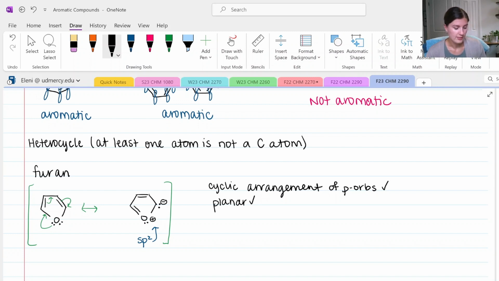So let's now consider whether we have the right number of pi electrons. We have 2 pi bonds. If we look at the original structure, there are 2 pi bonds. And we have 1 pair of non-bonding electrons that can resonate starting from the oxygen.